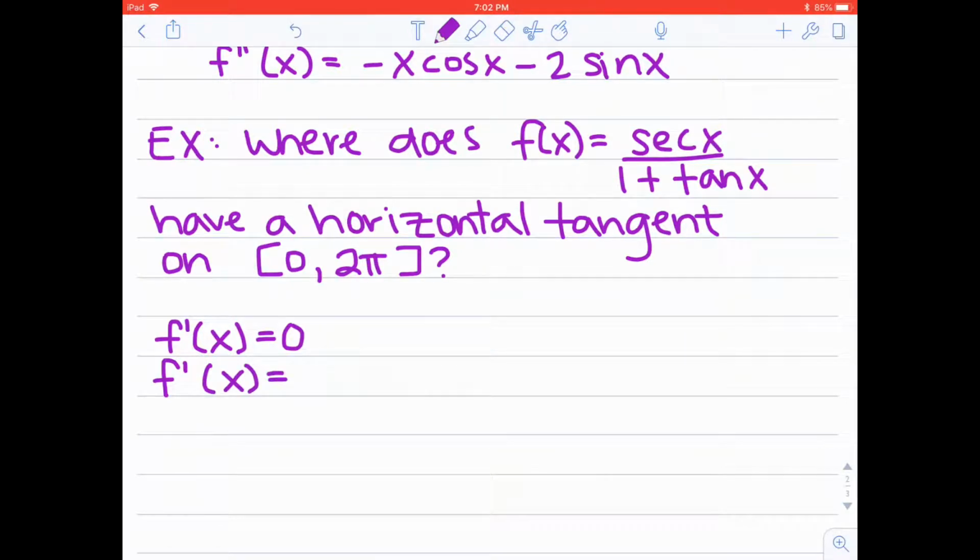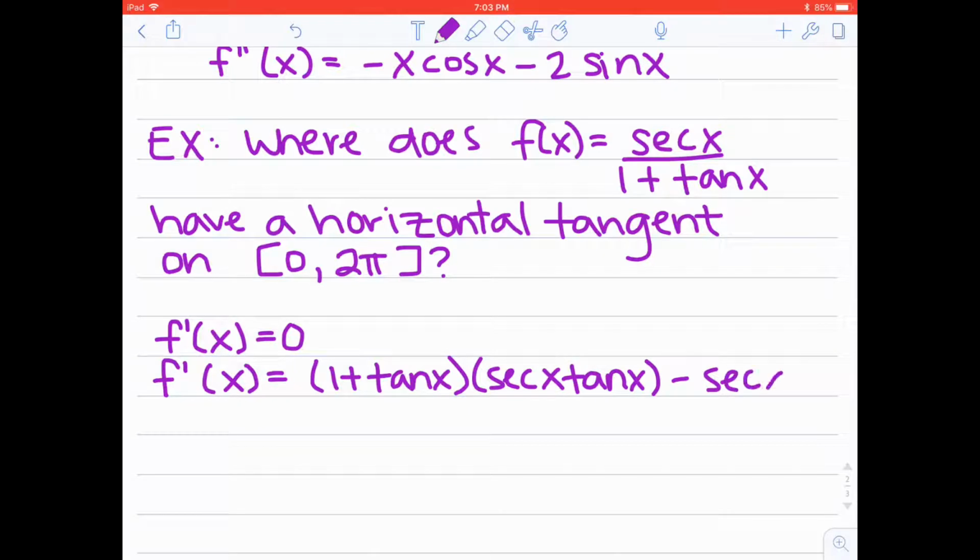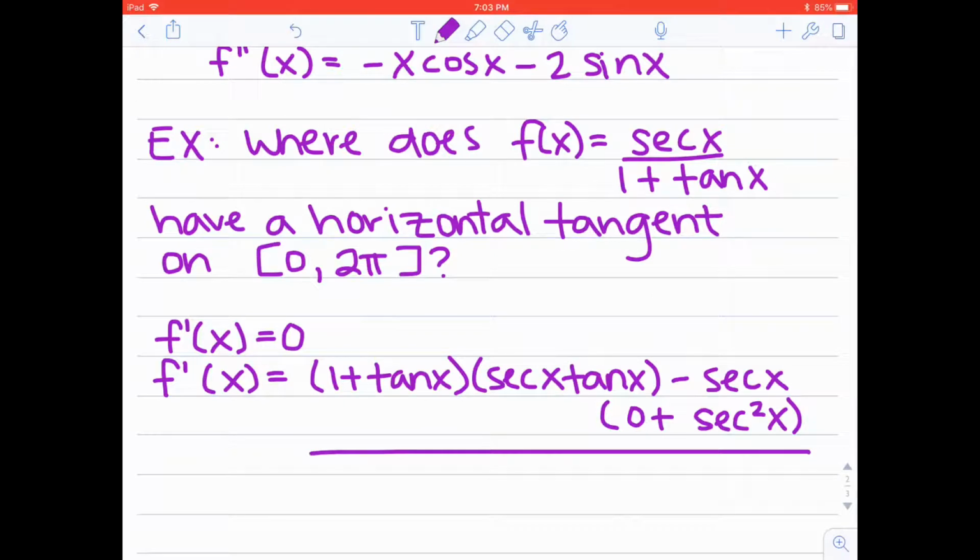So we have to do low d high, so the bottom times the derivative of the top, minus the top, so minus high d low, the top times the derivative of the bottom, and the derivative of the bottom is going to be 0 plus secant squared, divided by the bottom squared.